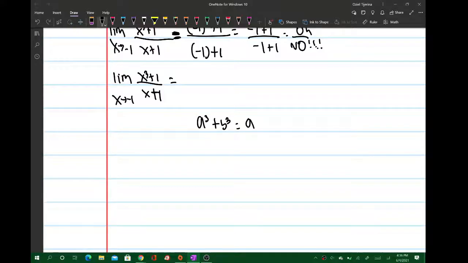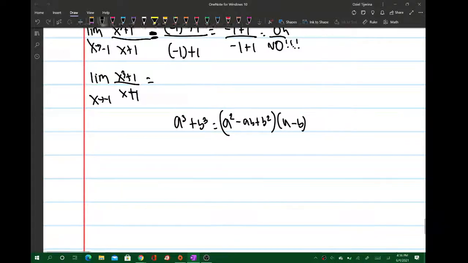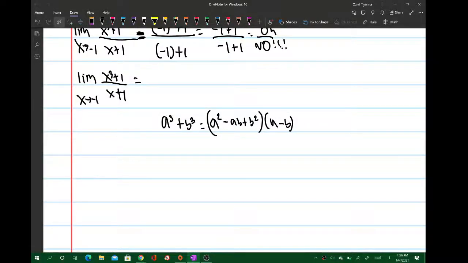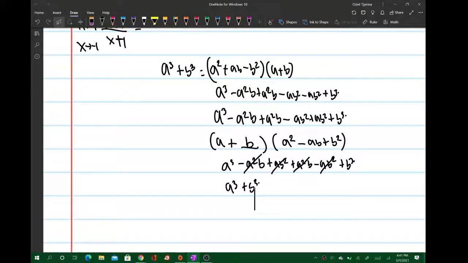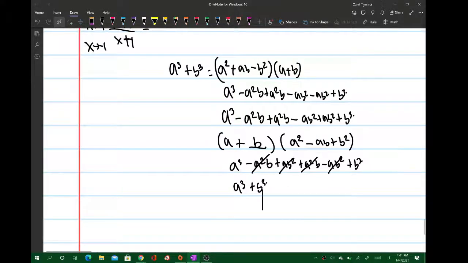I believe it's a squared minus, is it, a squared minus ab, I cannot remember. Give me 1 second. Okay, I got it. Alright, yes, this is what it is. I had to play with it around a little bit.